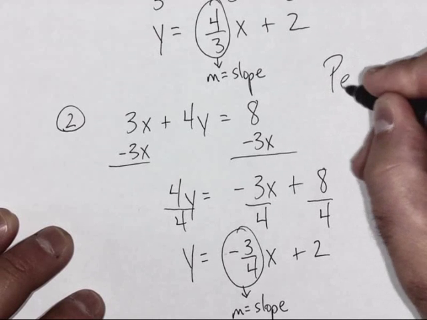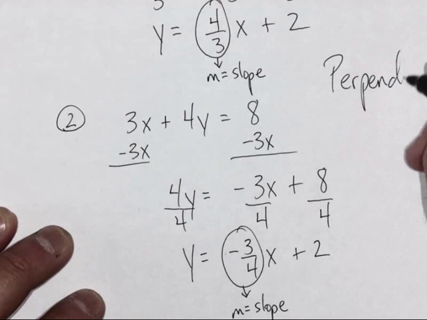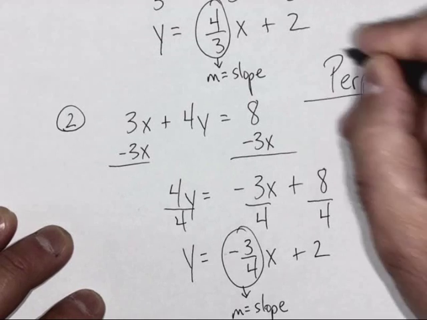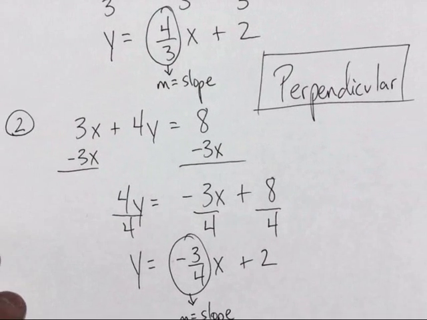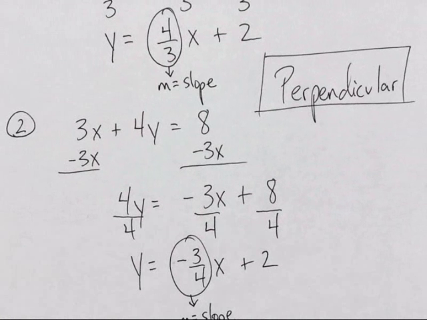So we would say that these two particular lines would be perpendicular. And we can determine that by, once again, putting those two lines in slope-intercept form, identifying the slopes, and noticing that the slopes are opposite reciprocals of each other. Okay.